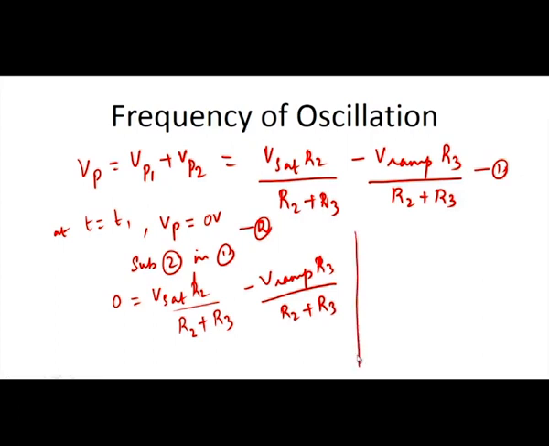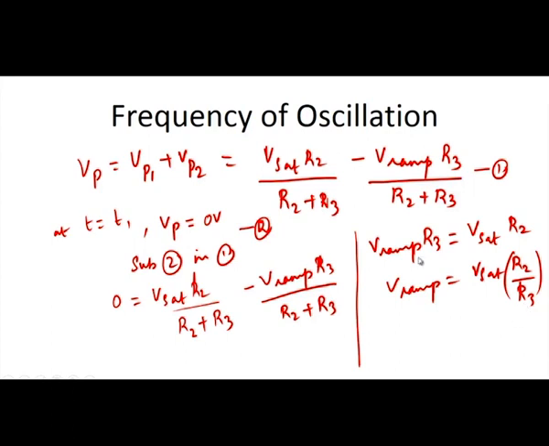And if you simplify this, V ramp R3 is equal to V sat R2, and V ramp will be V sat R2 by R3.